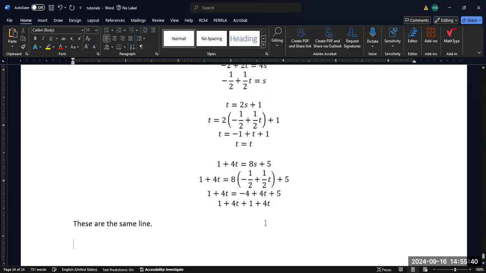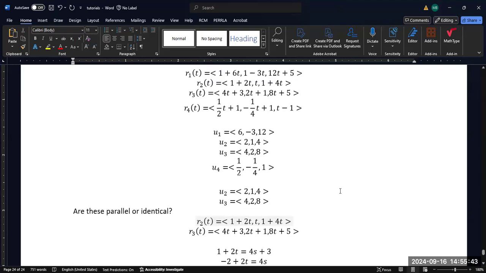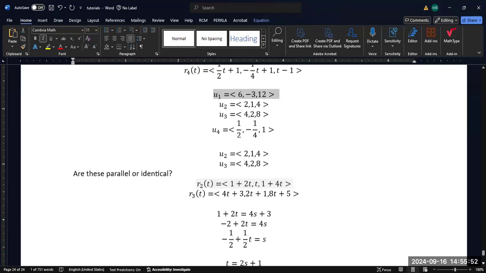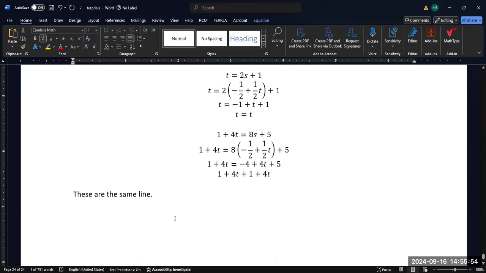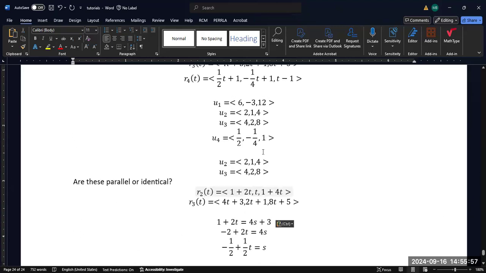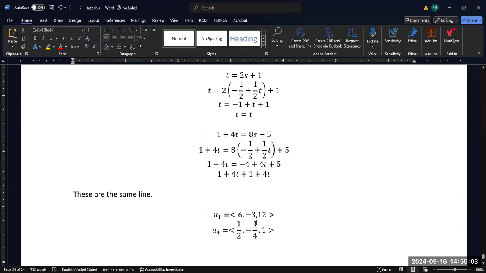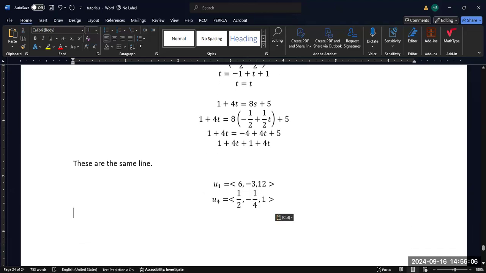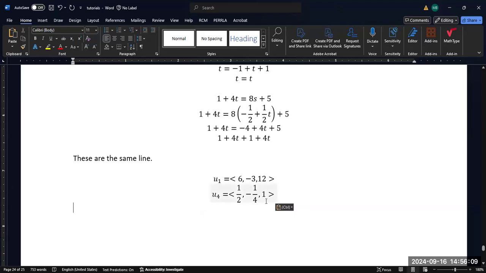All right, so then let's go back to our other vectors. If I take this vector and the U4 vector, if I multiply U4 by 12, I'm going to get the U1 vector. So these two are also pointing in the same direction, but they're either going to be parallel or they're going to be identical lines.